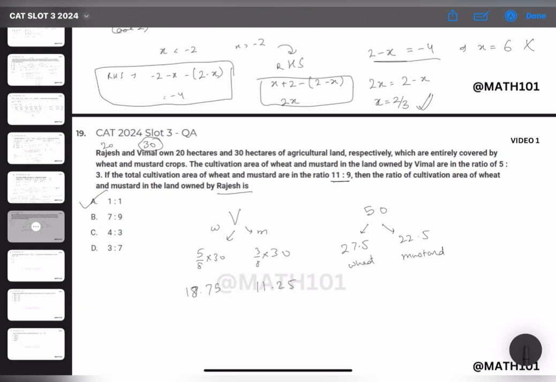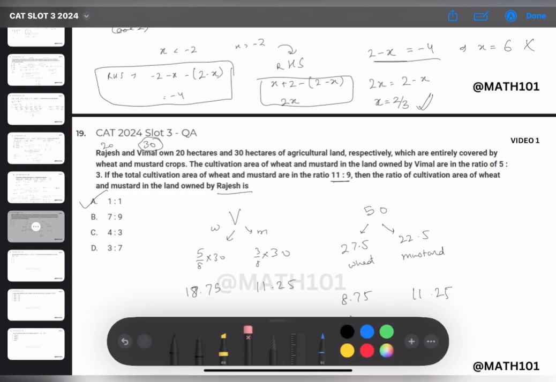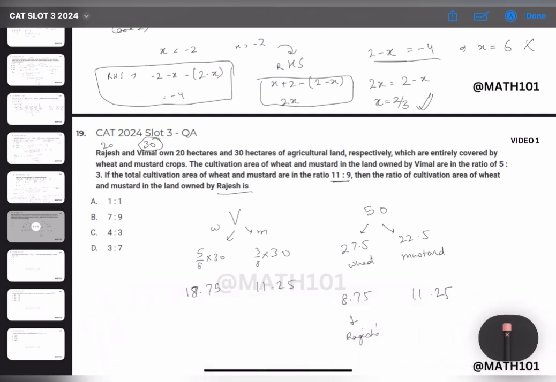So for wheat we have 8.75 on Rajesh's land, and for mustard we have 11.25. So the ratio of cultivation of wheat to mustard is 8.75 upon 11.25.